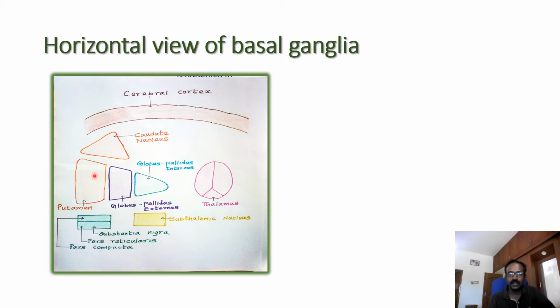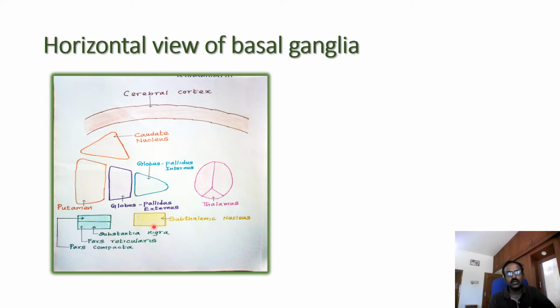In the next connection slides I will show only the putamen as the striatum. I will not show the caudate nucleus. And this is the globus pallidus externus. This is globus pallidus internus. Both are connected by white matter.